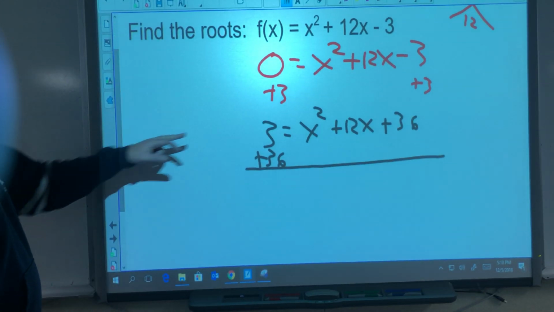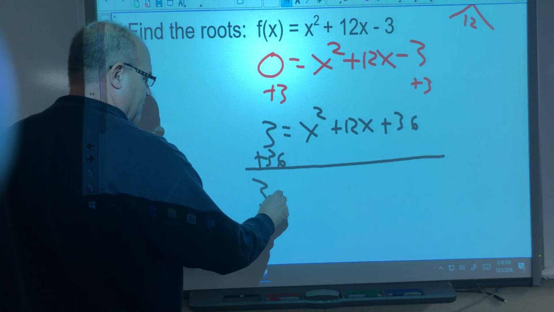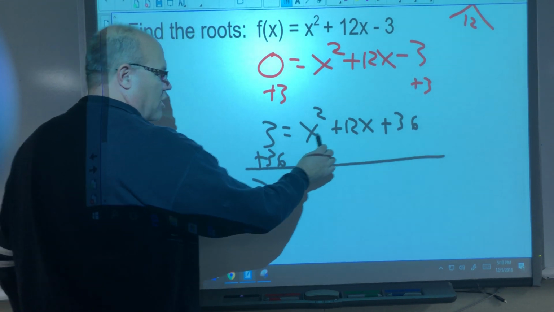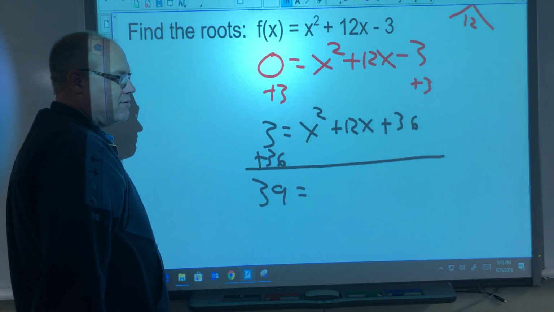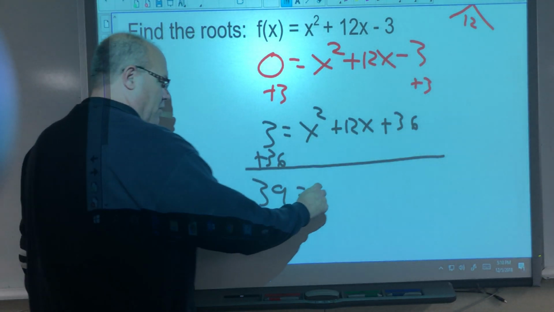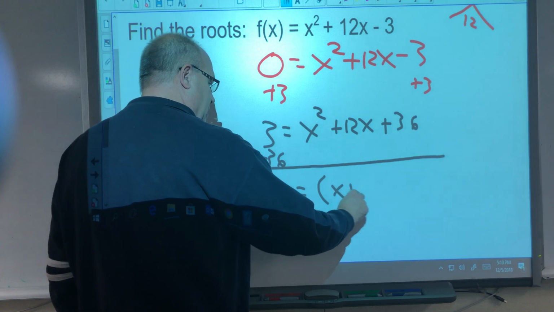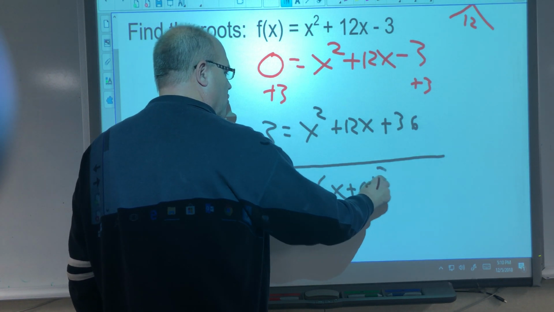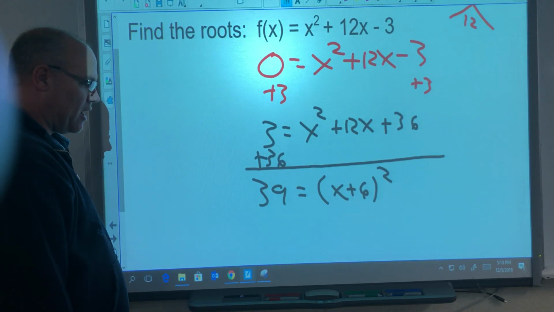All right, 3 plus 36 is 39, equals this trinomial, but I'm going to factor it. If I factor it, I'm going to get x plus 6 times x plus 6. So I'm going to write that as x plus 6 squared, my binomial square.